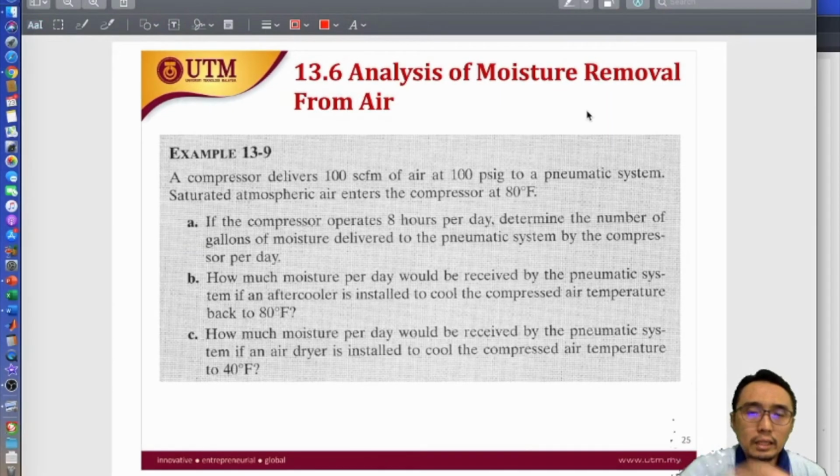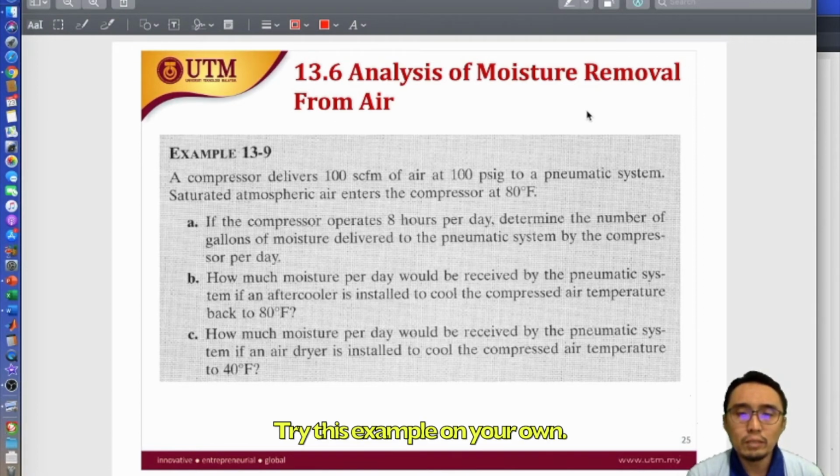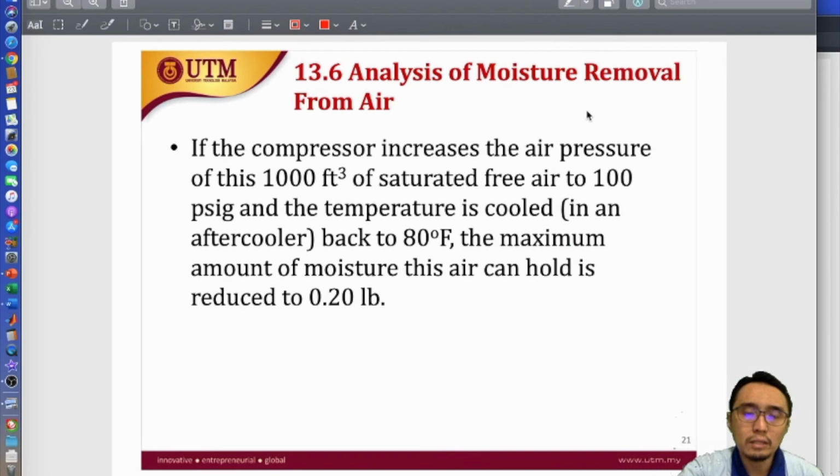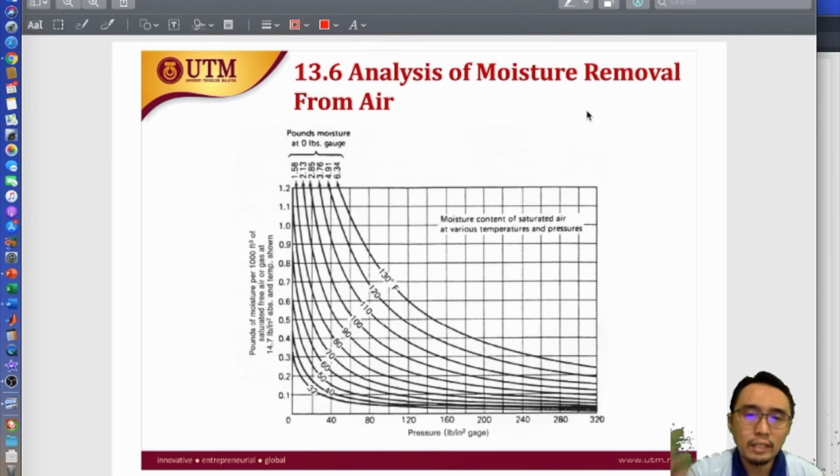This is an example of how we can calculate the amount of moisture and the amount of temperature reduction needed after the compressor if we want to remove a particular amount of moisture from the air. We can use this chart to help us determine what kind of aftercooler or air dryer to use.